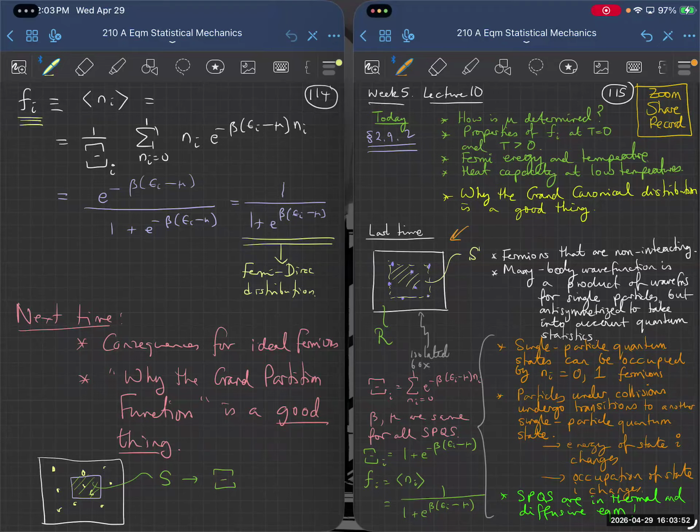You've probably learned about that in quantum mechanics. It's not important for what we're doing here. We'll call those the single particle quantum states to differentiate between the many-body quantum states that we will be dealing with when we look at interacting systems. Those single particle quantum states can be occupied by either 0 or 1 particle because we're dealing with fermions.